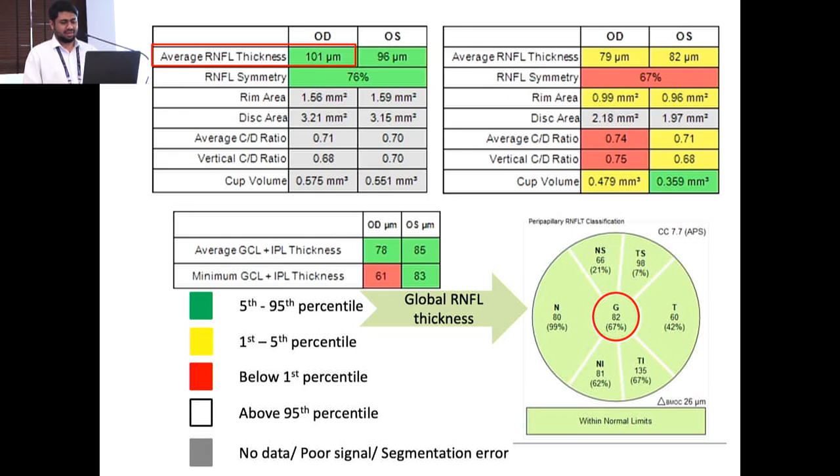In the Spectralis OCT, we have the global RNFL value, and we have the normative database, less than 5%, less than 1%, and they give it color coded. The color coding is available only for adults above 18 years. In children, we don't have a normative database. We have to compare from one visit to another, whether any thinning is occurring.